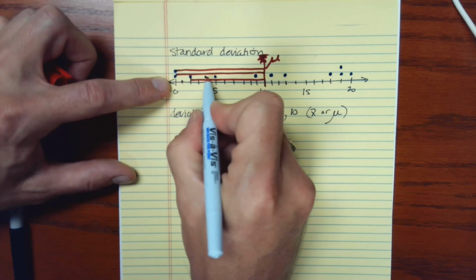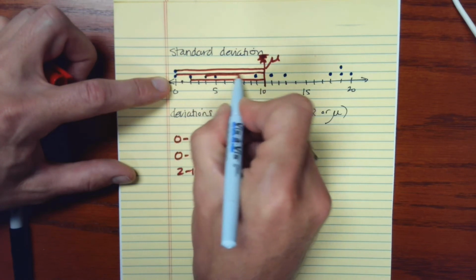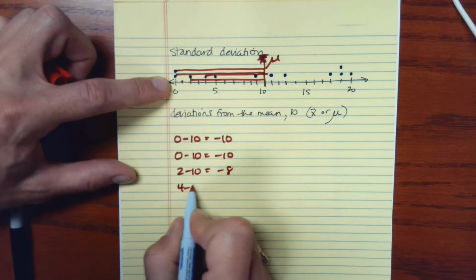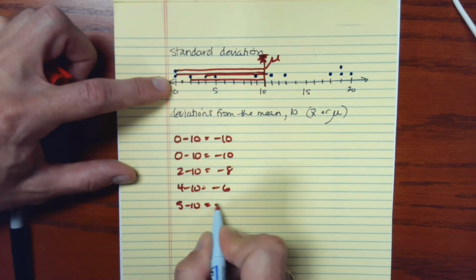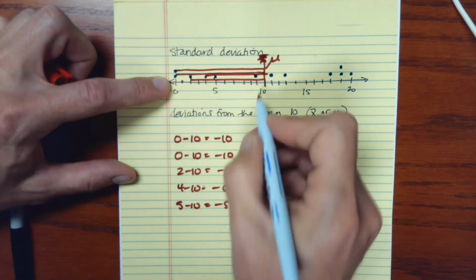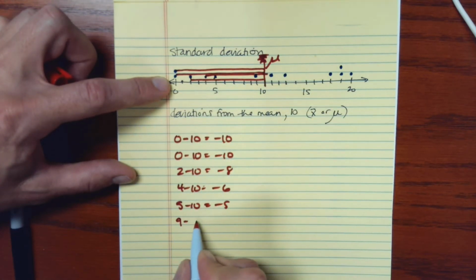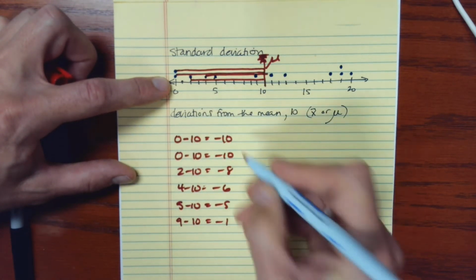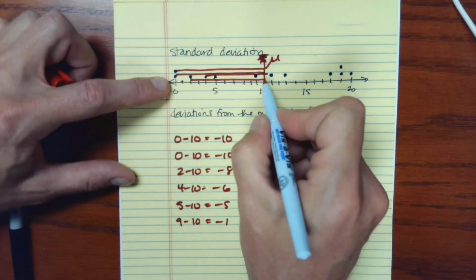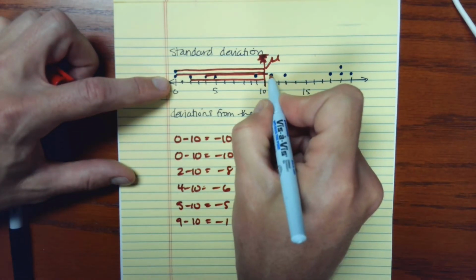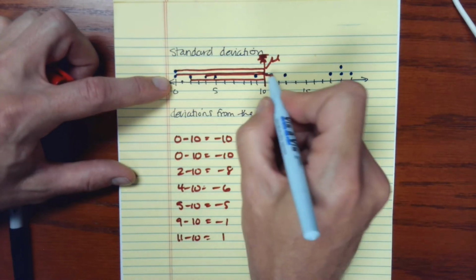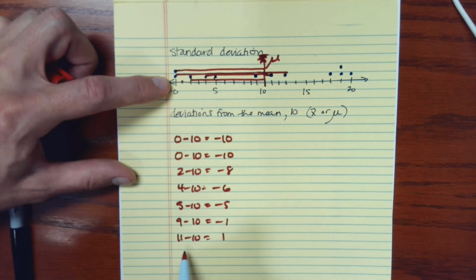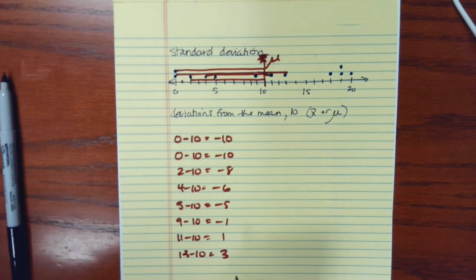This was 4. 4 minus 10 is negative 6. I have 5 minus 10 is negative 5. And 9 minus 10 is negative 1. Looking at the values on the other side, this is 11, which has a deviation of 1. This one was 13, that's 3.